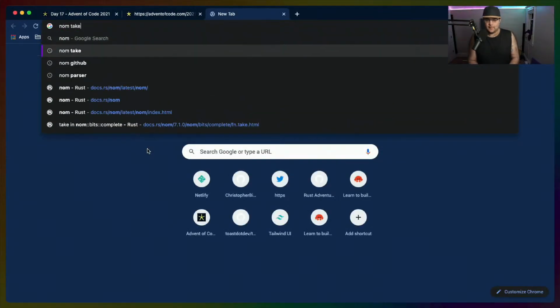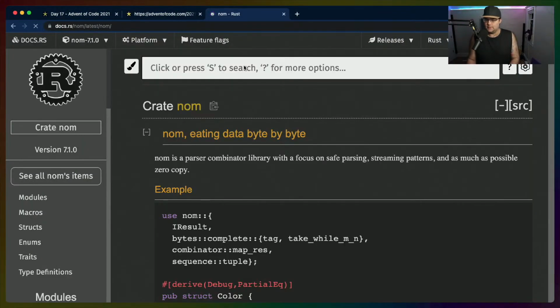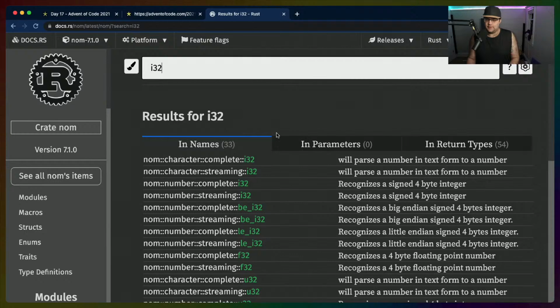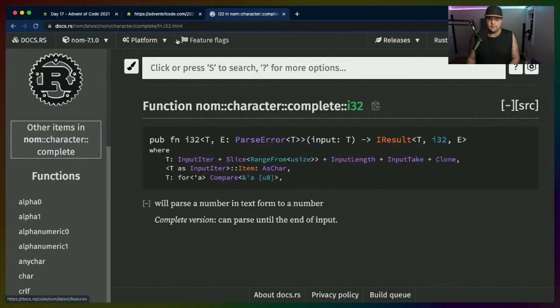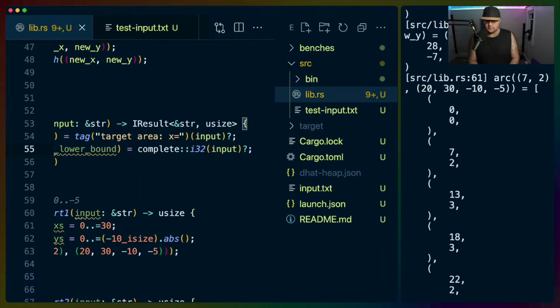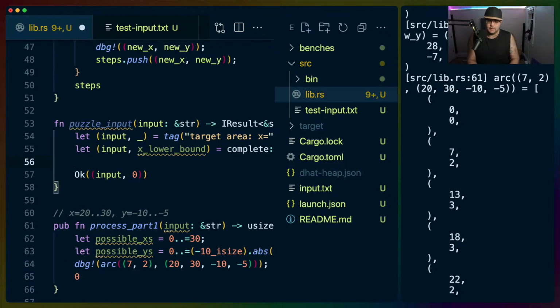Where's nom? Nom docs, please. isize. Can we do an isize? Nope. Can we do an i32? An i32, there we go. So we get a complete i32.